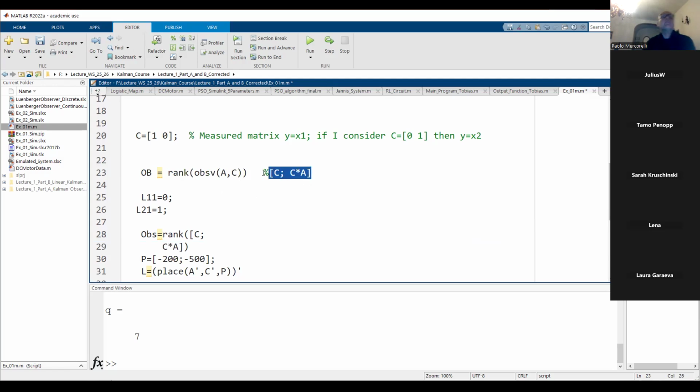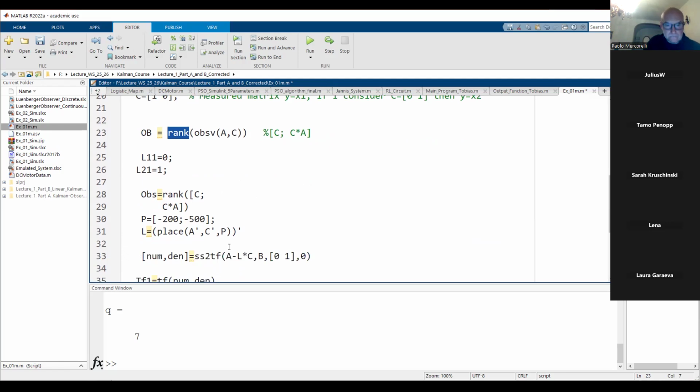In this case, we have just two states. It's C, semicolon, C multiply A. I will show you the structure of this. And directly, I can calculate the rank. Now, let me skip this comment here. I don't comment at this moment.